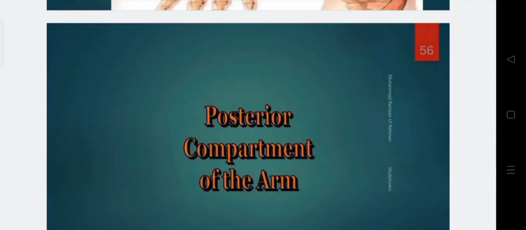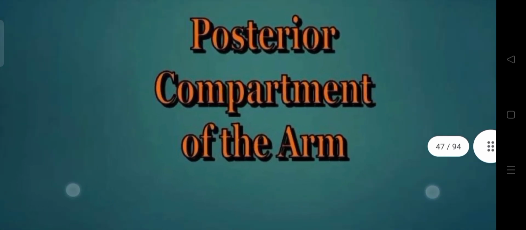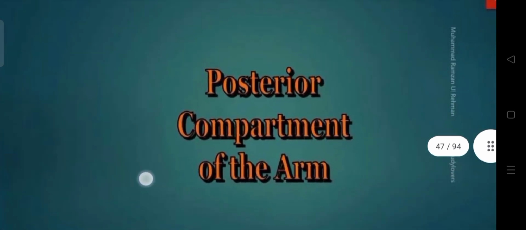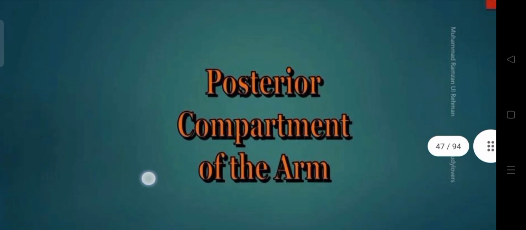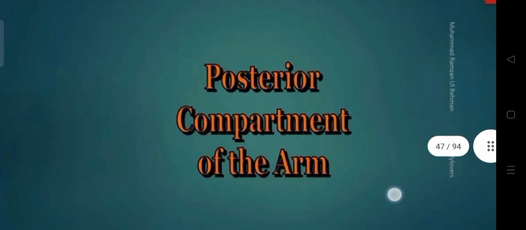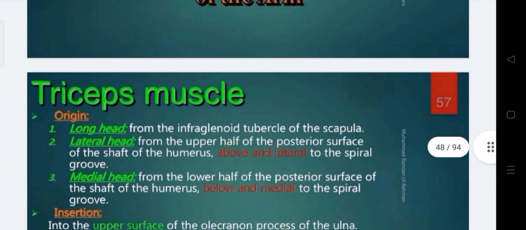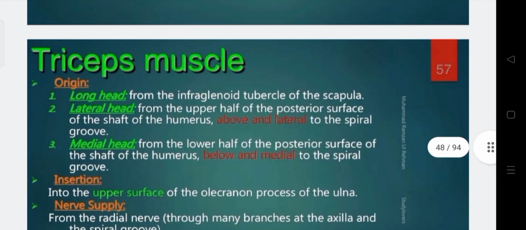And now we will discuss the posterior compartment of the arm. In the posterior compartment of the arm, you don't need to memorize complicated things, because only one muscle is there, which is the triceps. Even a common person knows. It has got three heads: a long head, lateral head, and the medial head. The long head arises from the infraglenoid tubercle of the scapula. The lateral head arises from the upper half of the posterior surface of the shaft of the humerus, above and lateral to the spiral groove of the humerus.